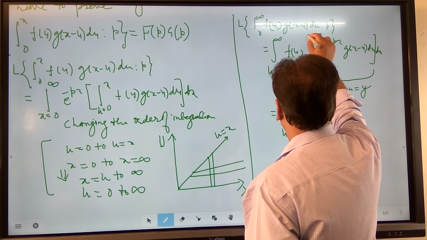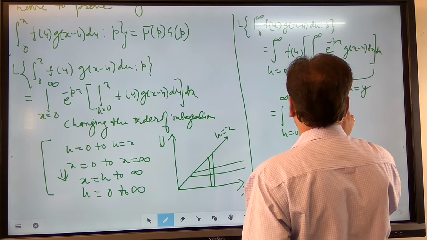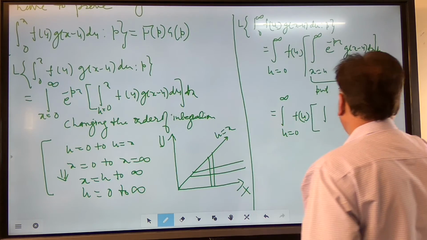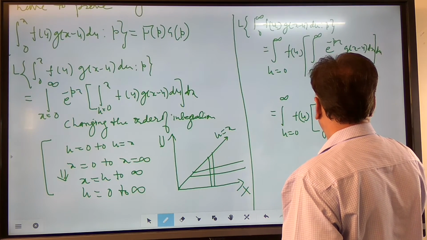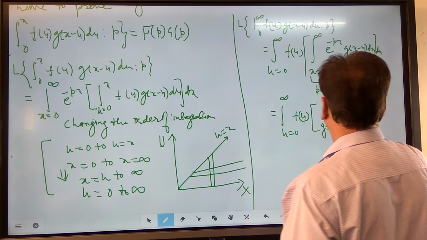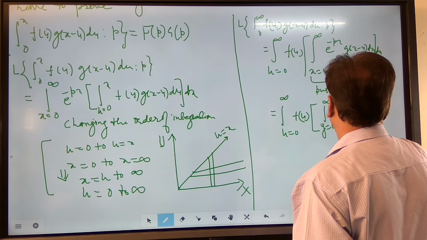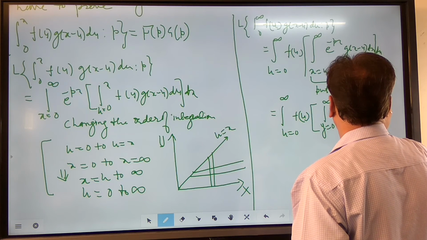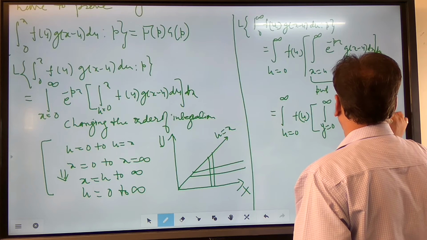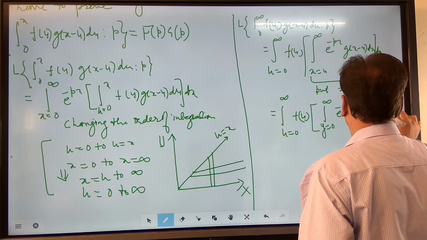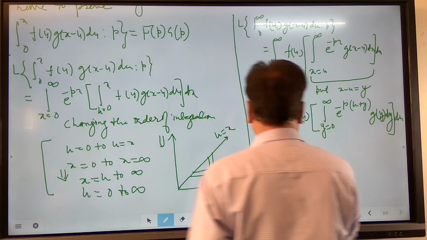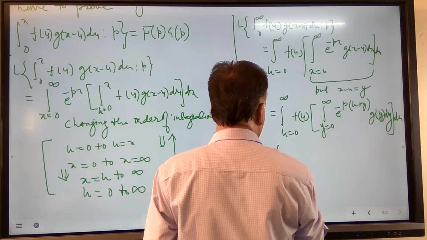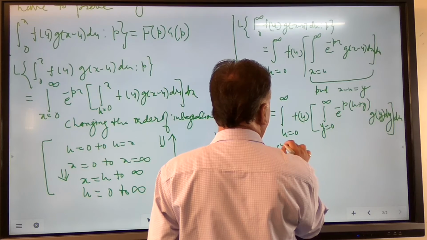The internal integral is over x. When we put x minus u equals y, then y goes from 0 to infinity, and e raised to minus p, x is u plus y, g of y dy, and then with respect to u.